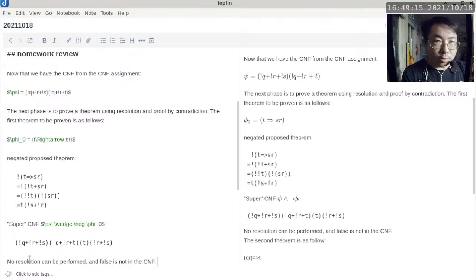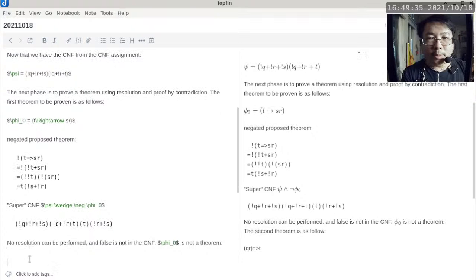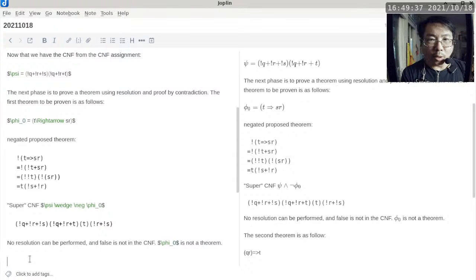Mechanically, what we have achieved is that there is not a single step of resolution possible in this case. But the conclusion is phi null is not a theorem. Now, I don't want to see people saying phi null is not true, because that is not what this says.